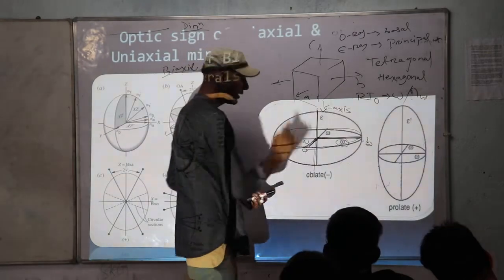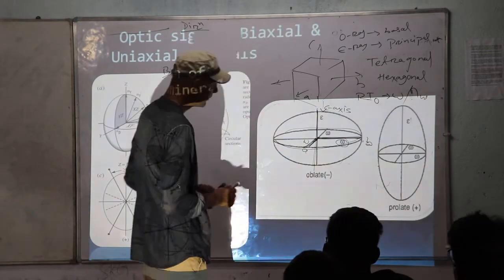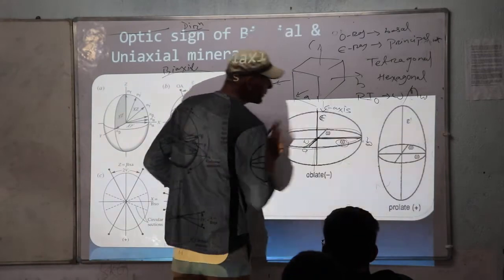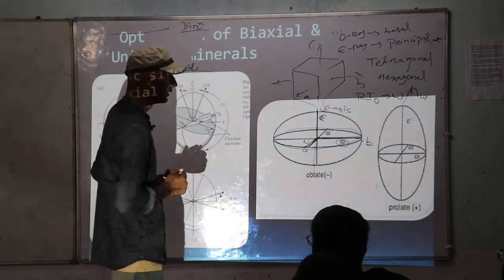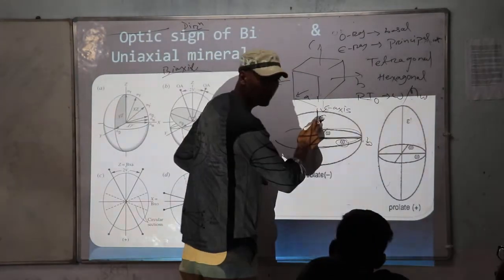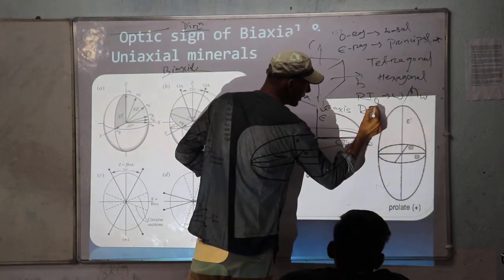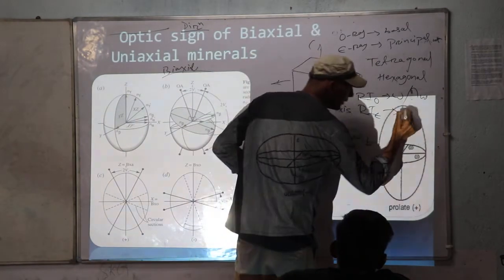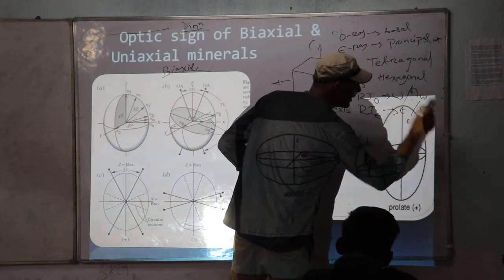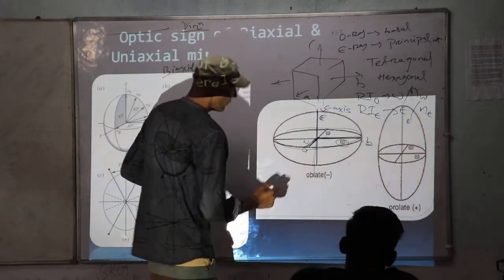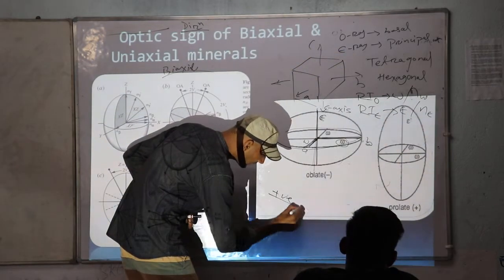Then talking about extraordinary, what will happen in extraordinary? Here it is epsilon. Epsilon is refractive index. Refractive index of E ray will be epsilon, or you can take n epsilon. Okay. Talking about positive mineral, what happens?